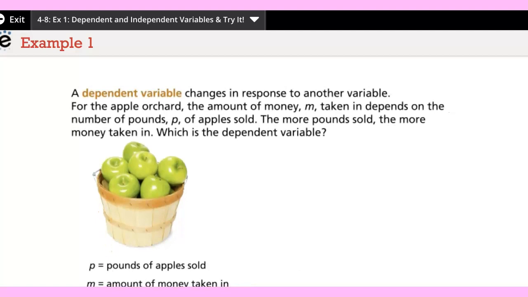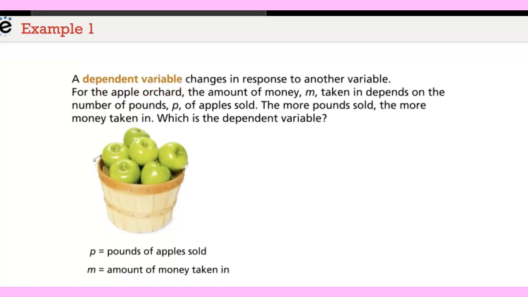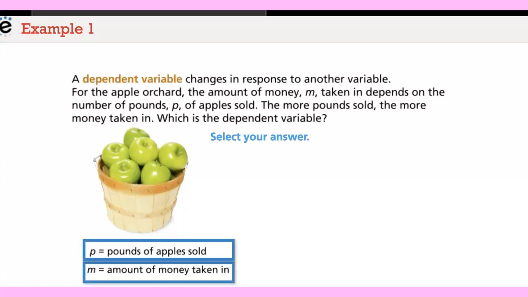A dependent variable changes in response to another variable. For the apple orchard, the amount of money, M, taken in, depends on the number of pounds, P, of apples sold. Which is the dependent variable? Select your answer.